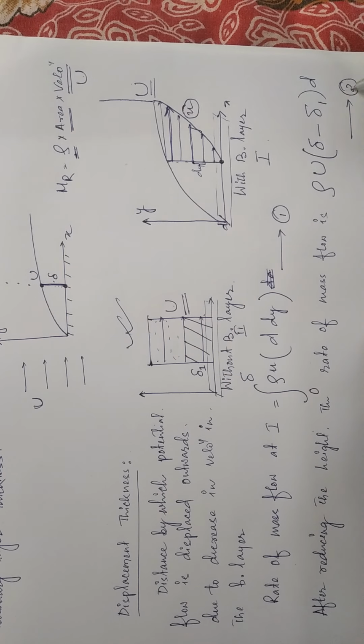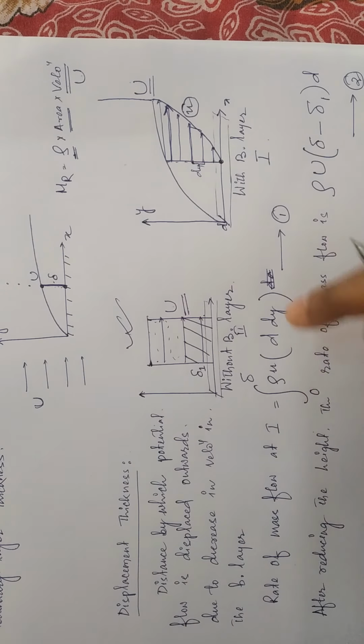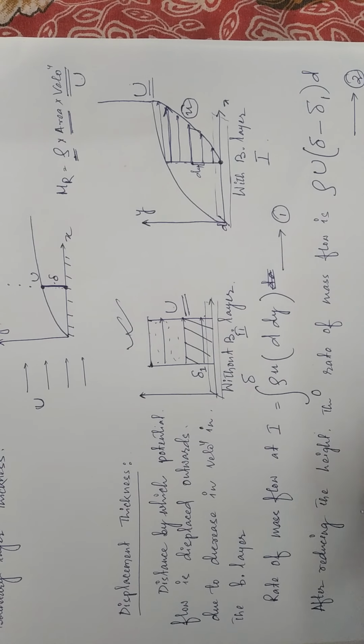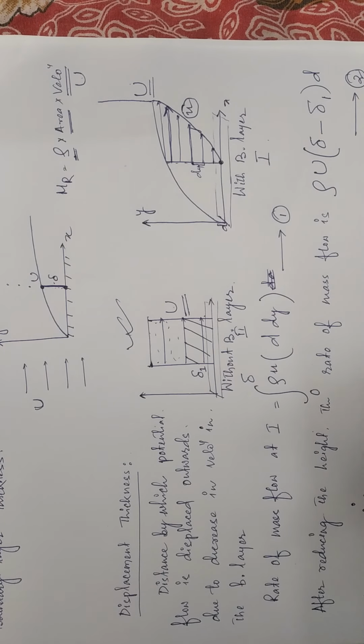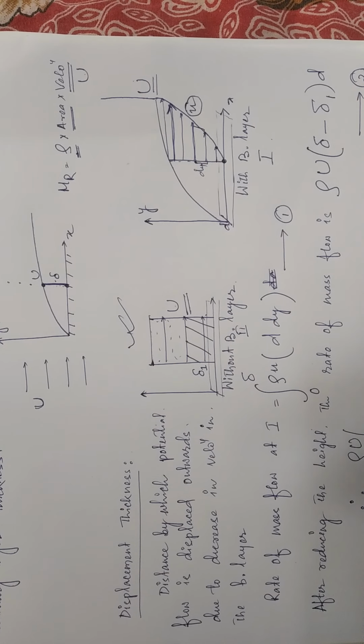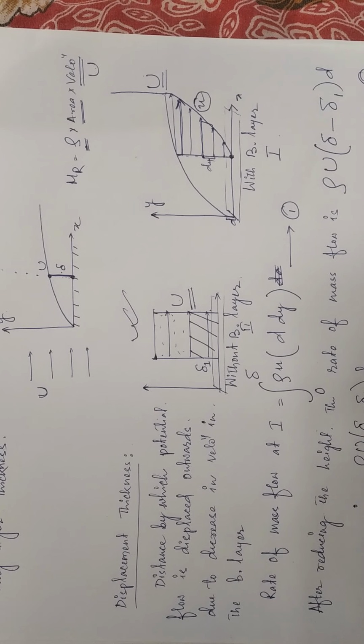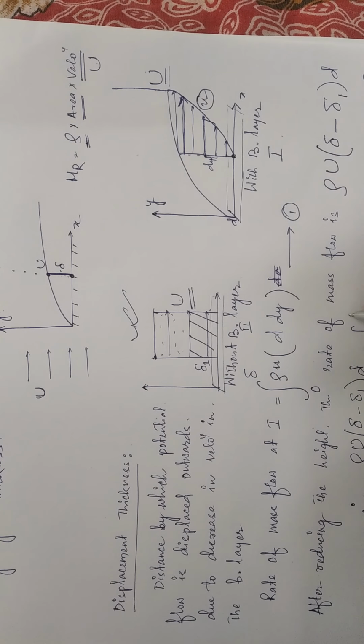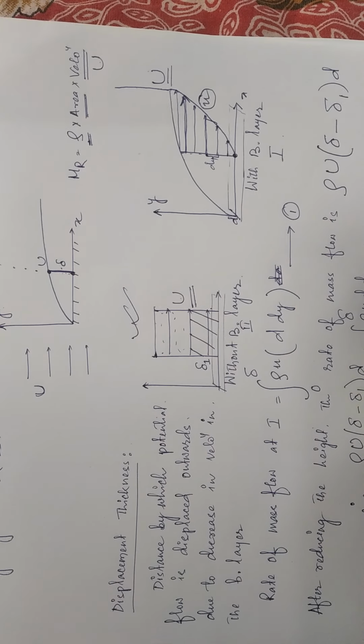So as per our assumption, now the mass flow in case 1 and case 2 are the same. Therefore, rho u (delta minus delta 1) into d will be equal to the integral from 0 to delta of rho u d dy.